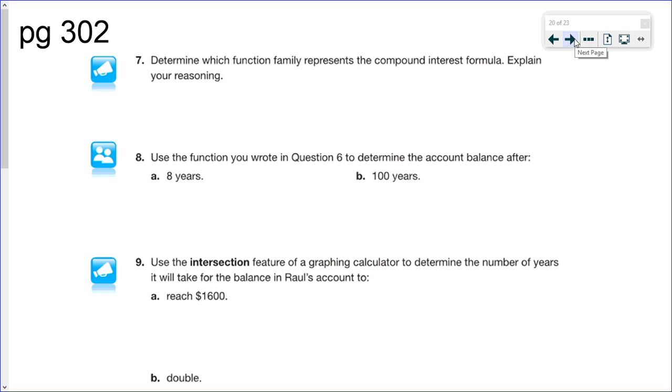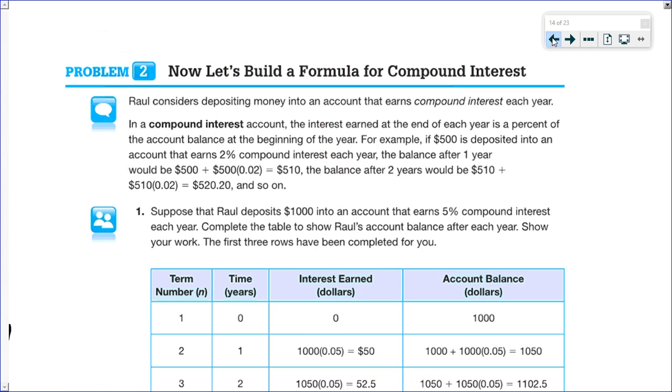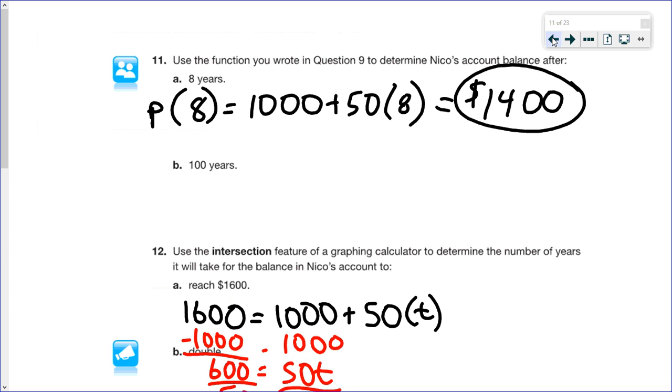So if you recall, after 8 years on the simple interest, if we go back a few slides here, it was $1,400.